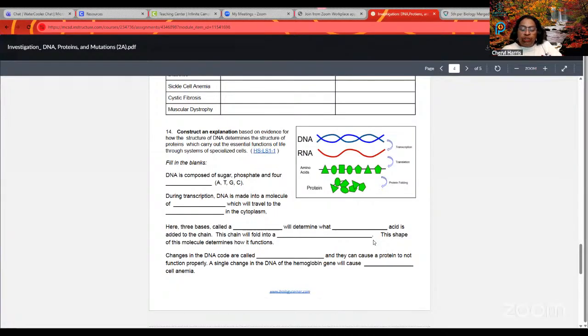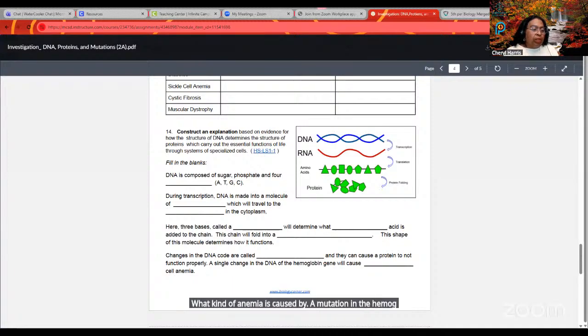And which mutation is a problem with the hemoglobin? What kind of anemia is caused by a mutation in the hemoglobin? Not diabetes. It's blank cell anemia, sickle cell.